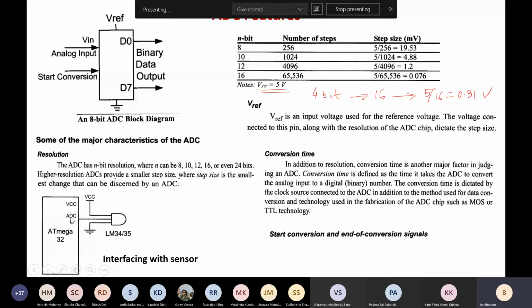That voltage signal will be converted into digital bits using the inbuilt ADC of the microcontroller, and then that digital data will be processed inside the microcontroller. So these are the typical characteristics or interfacing aspects of a sensor with your embedded system or microcontroller. Is it okay so far?